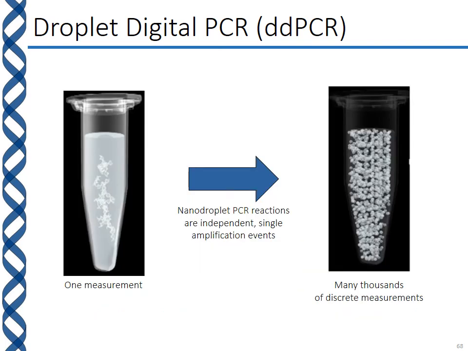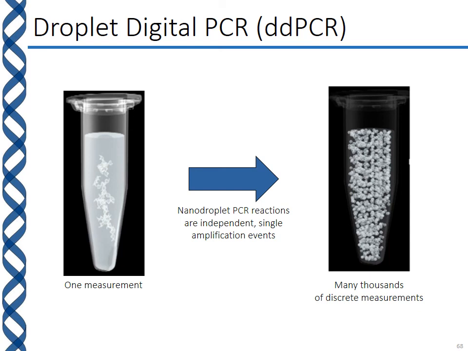So as I mentioned in the first slide of this section, the key to ddPCR is the massive partitioning of the sample. So if you look at the standard PCR diagram on the left, you have essentially one giant single reaction from which you can only obtain one measurement, namely whether the DNA was there or not, based on the level of amplification.